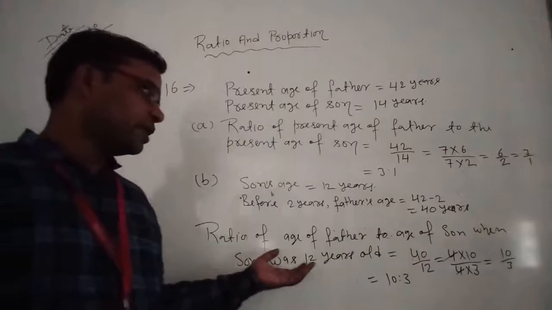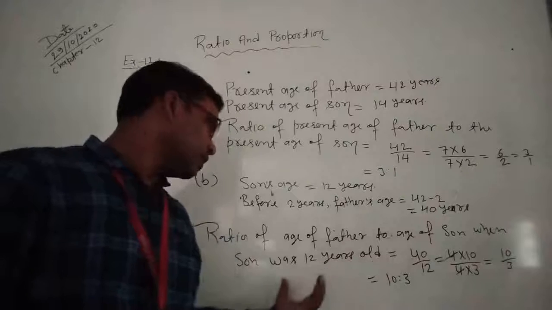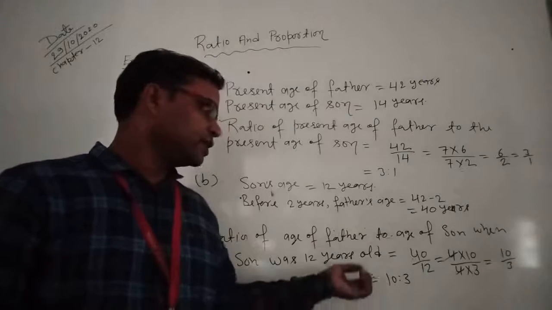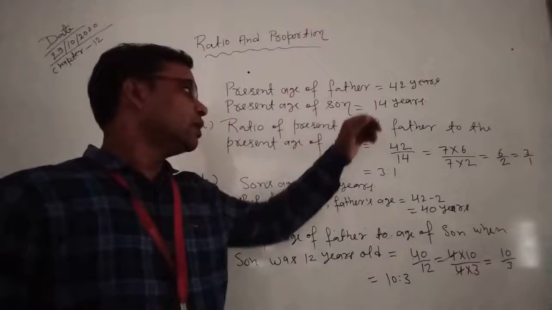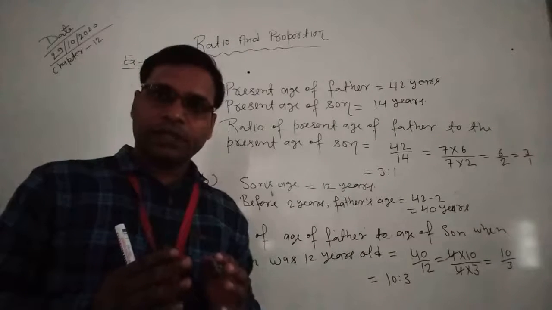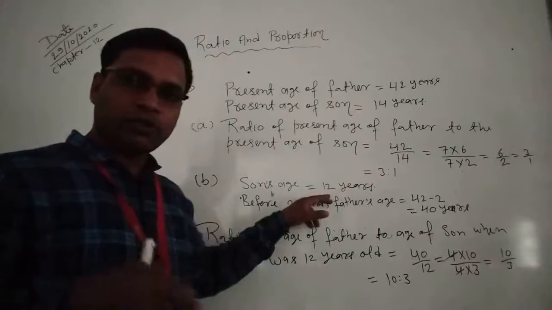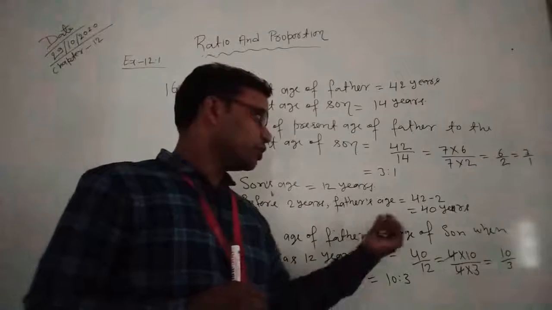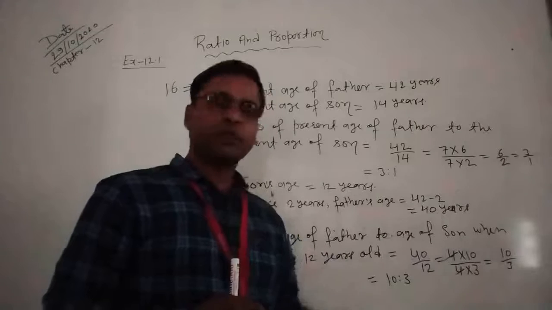The ratio of age of father to age of son when son was 12 years old. You can see the present age of son is 14 years, so the age of son being 12 years means this is before 2 years. So we find the age of father before 2 years: 42 minus 2, so we obtain 40 years.